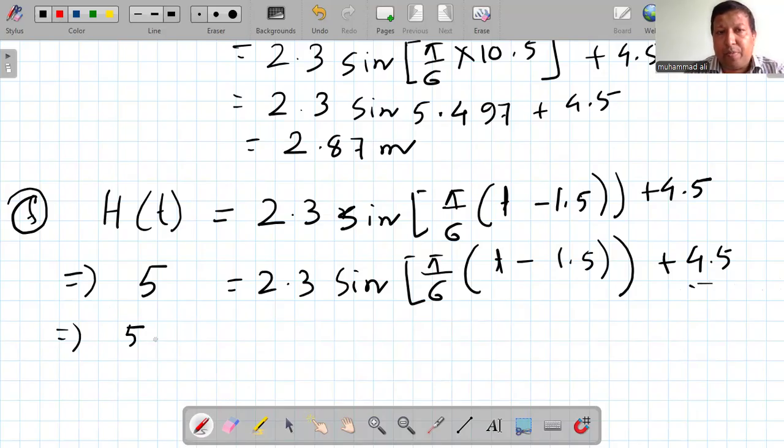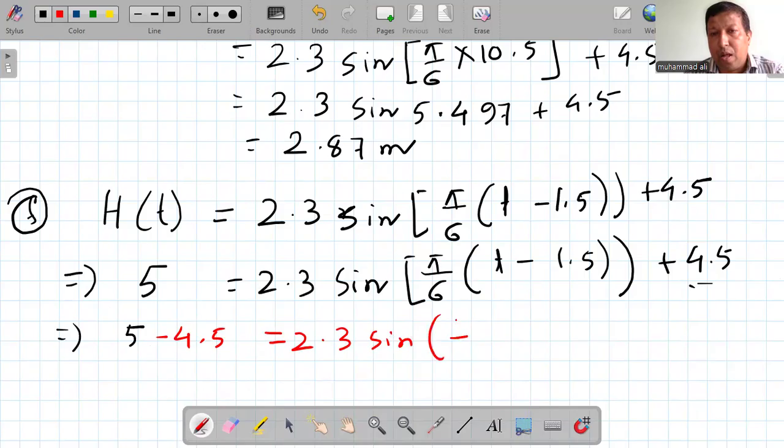It is 5 minus 4.5 equals 2.3 sine pi by 6 (t minus 1.5).